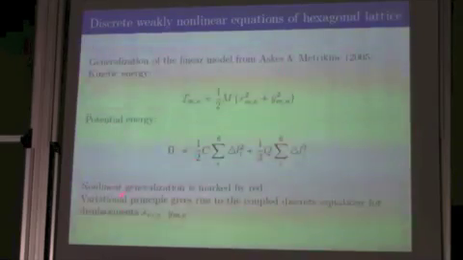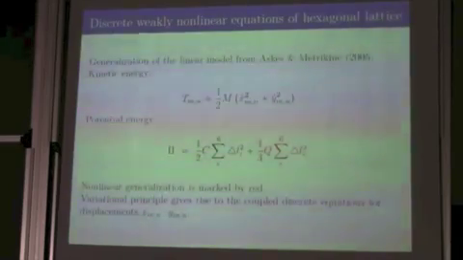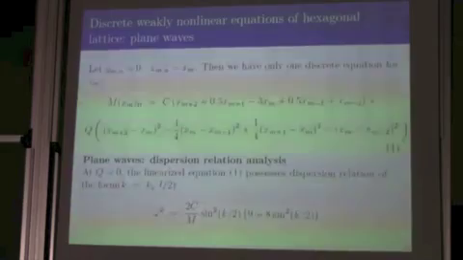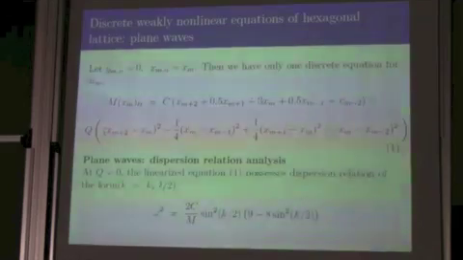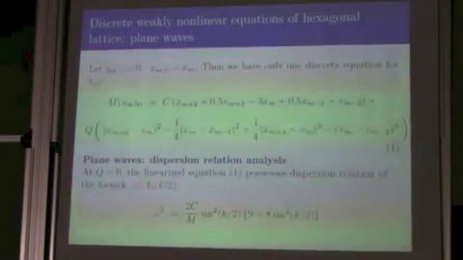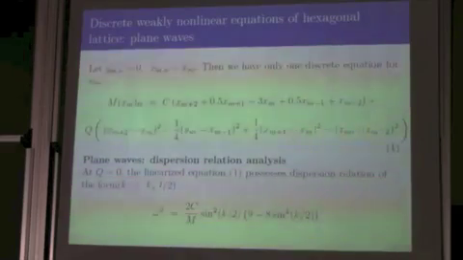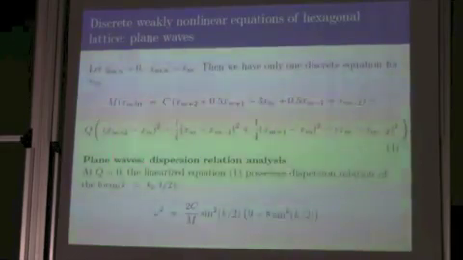However, certainly these are coupled nonlinear discrete equations, but nevertheless they are still rather complicated, and as a first step the following simplification is done. Let us assume that all variations happen only in one direction, and therefore we can neglect the displacements in the perpendicular direction, and then instead of the coupled discrete equations, we obtain only one discrete equation for the displacements of the masses in the lattice.